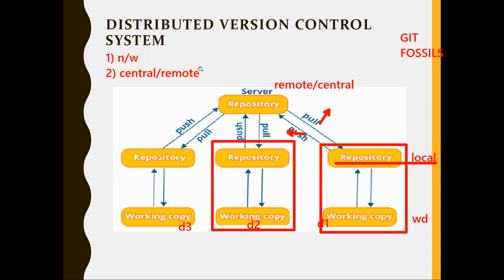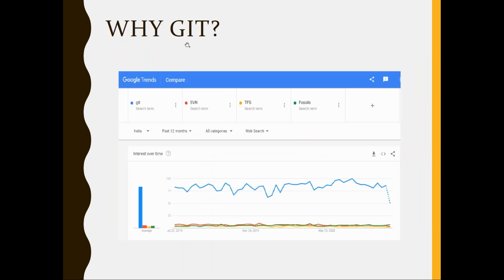This is the architecture of distributed version control systems like Git, Fossil, Mercurial, all of which come under distributed architecture. Now we shall talk about Git. And also why we are choosing it, why not others? Like I already said, distributed version control systems are preferred, and particularly Git is preferred because of its great branching feature and many other features.